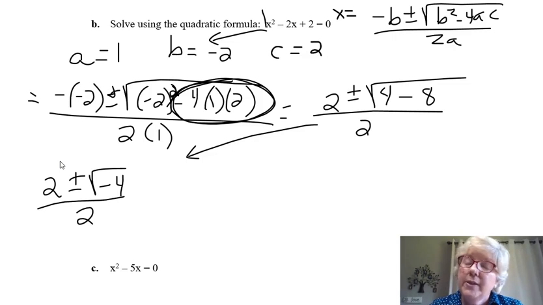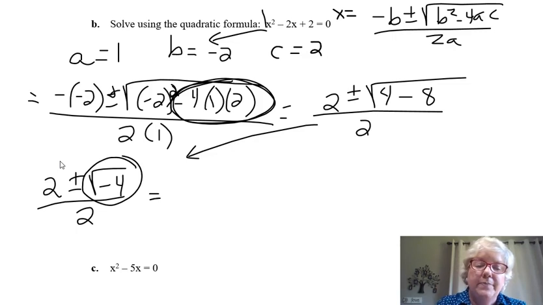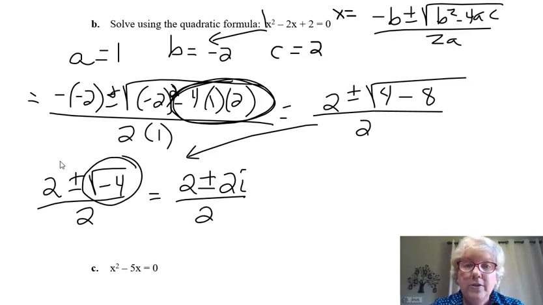Now, do you remember us studying imaginary numbers with the letter i? Okay, that's what's going to happen here, because we can simplify square root of -4. That is a 2i. So go ahead and simplify that to 2i. You always will need to separate your final answer.